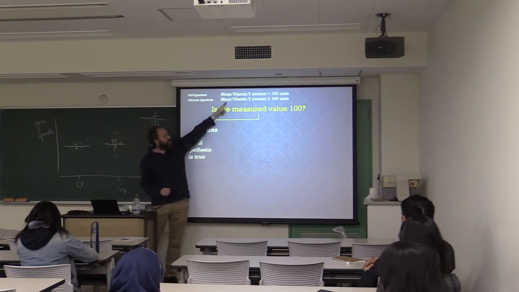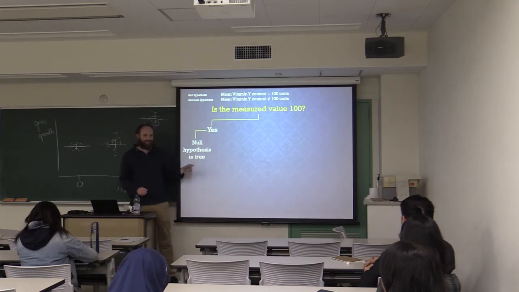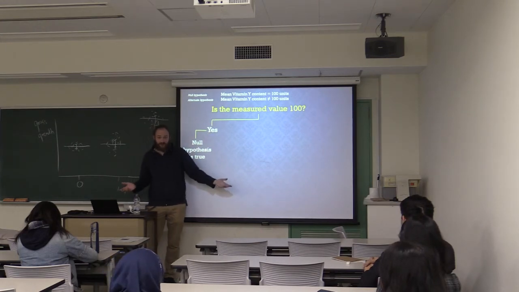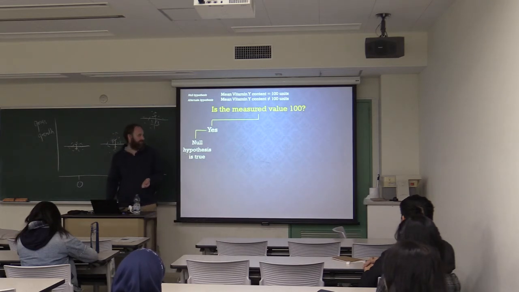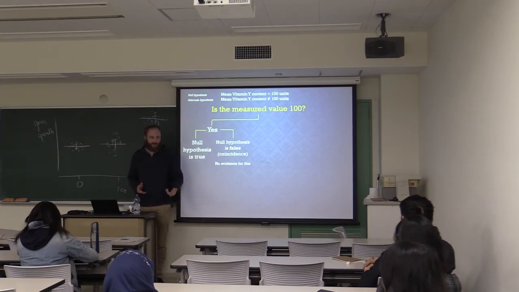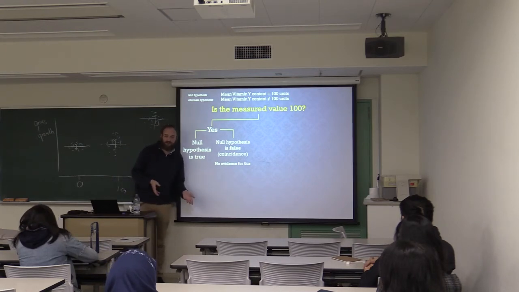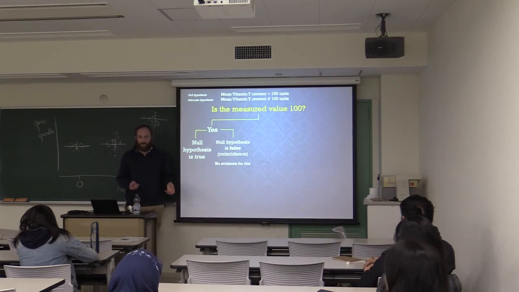So if our null hypothesis is it's 100 and we measure 100, possibly the null hypothesis is true. Okay? But there's another possibility. The null hypothesis might be false, and it could just be that we happen to choose 100 pills that just happen to give us a value of 100. Could just be random chance.